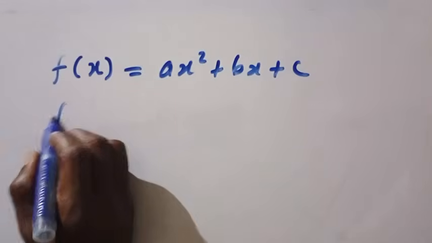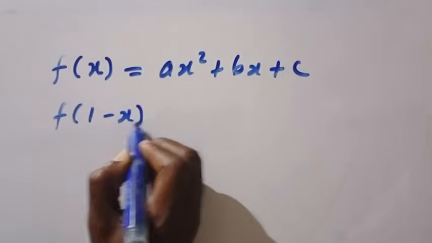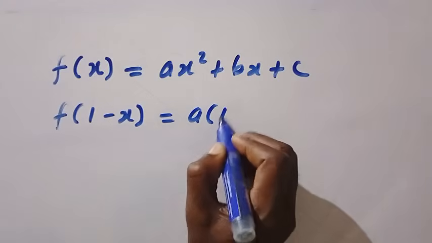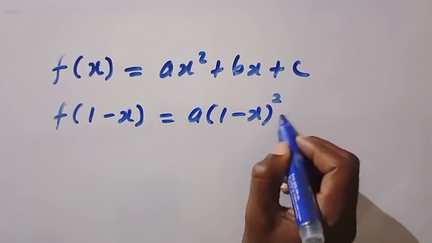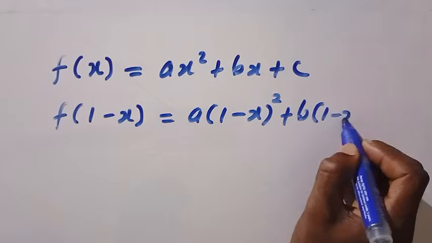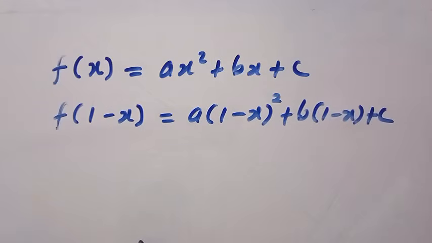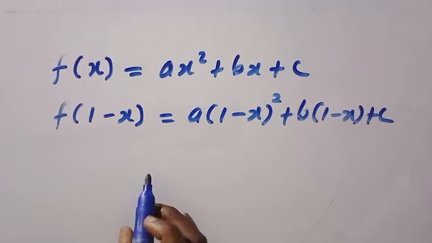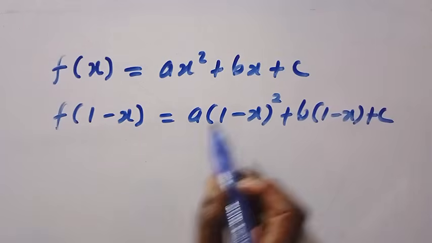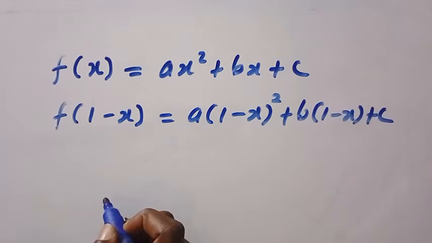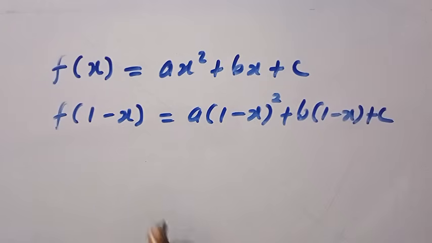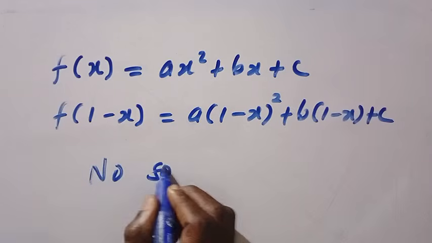Checking f of 1 minus x, this equals a times (1 minus x) squared plus b times (1 minus x) plus c. If we expand this and subtract everything together, we still end up with an impossible equation. So the only solution to this is no solution.